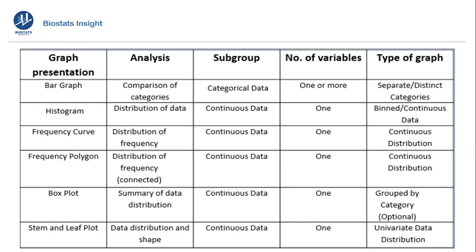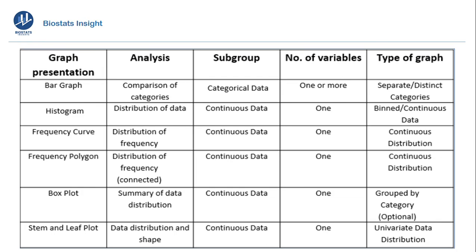If we have a bar graph and we want to compare categories, then the number of variables is one or more, and the type of graph is separate and distinct categories. If we want to plot a histogram, then the analysis is the distribution of data. We can see the distribution of data. The data should be continuous, the number of variables is 1, and the type of graph is continuous data.